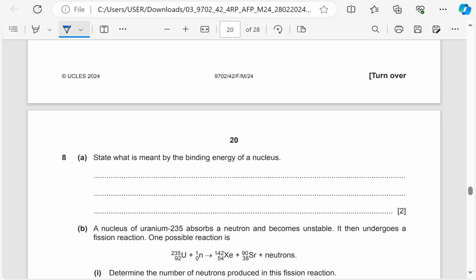Question 8 is nuclear physics. State what is meant by binding energy of a nucleus.